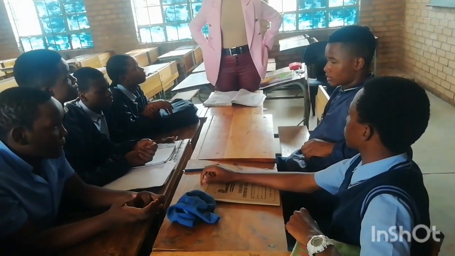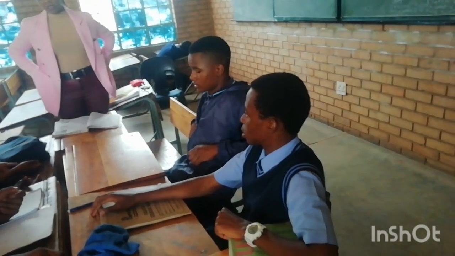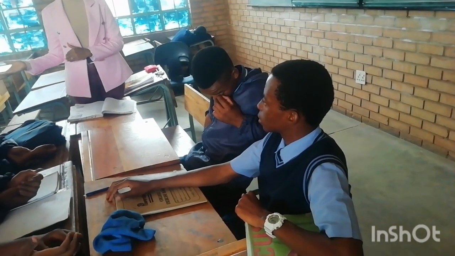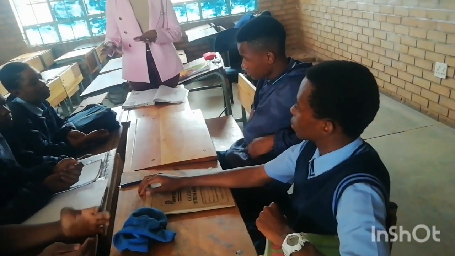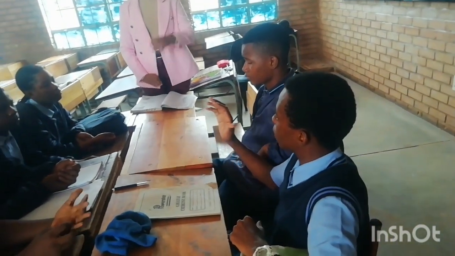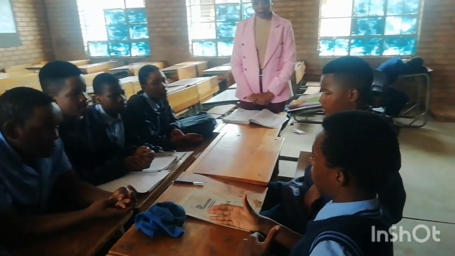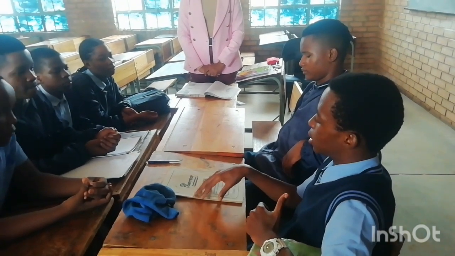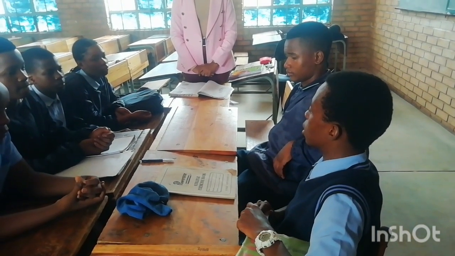Some of the organs are similar and some are not similar, because the animal cell has other parts that the plant cell does not have. So, the plant cell has a cell wall, right? That gives shape to the cell. Whereas the animal cell does not have a cell wall.